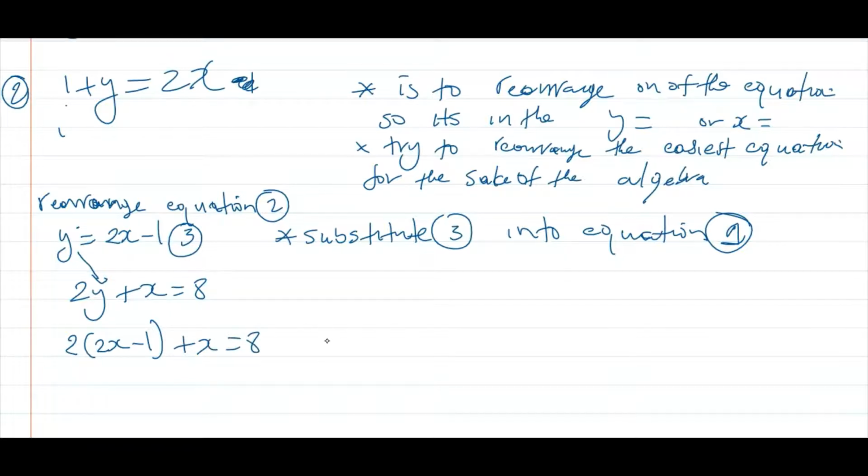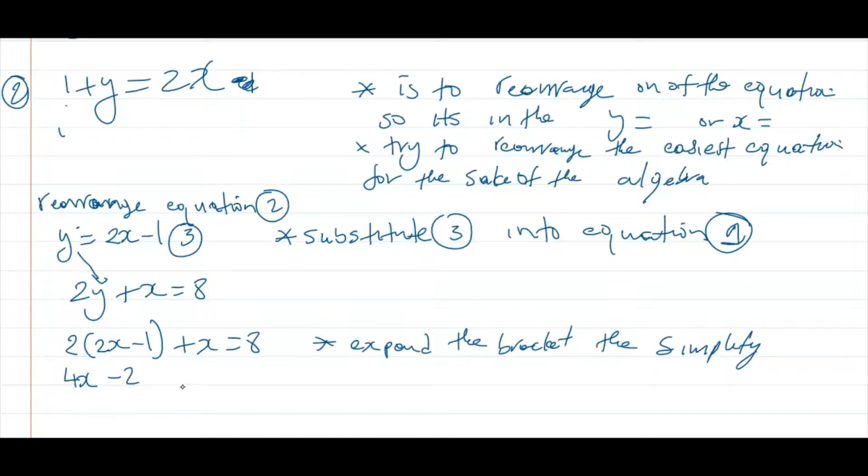Now we're going to expand the bracket, then simplify. Which is 4x minus 2, plus x equals 8.